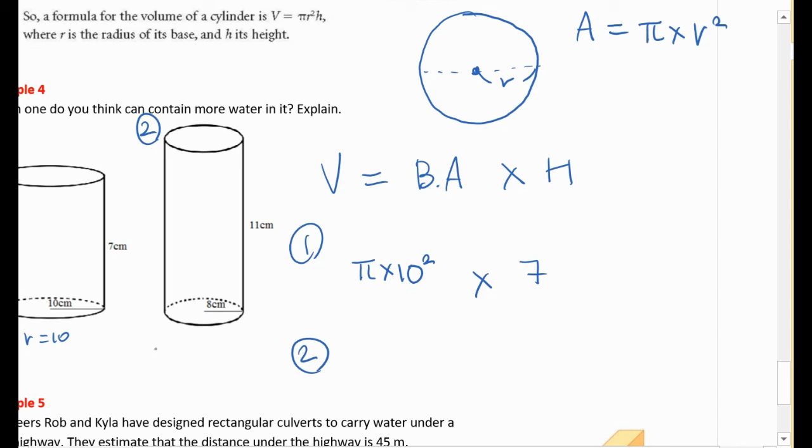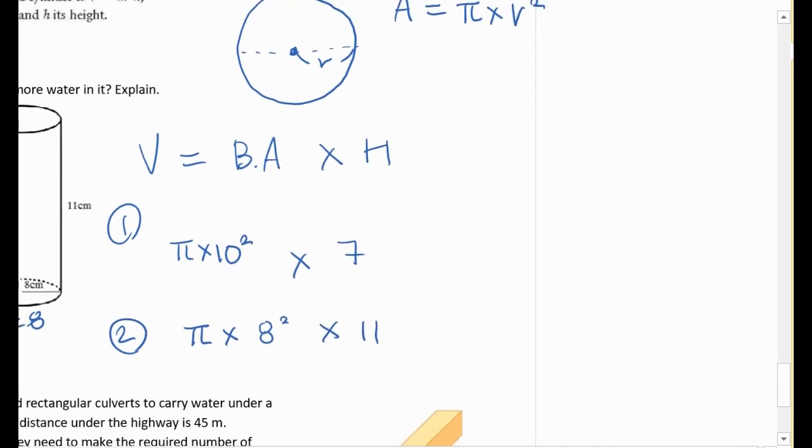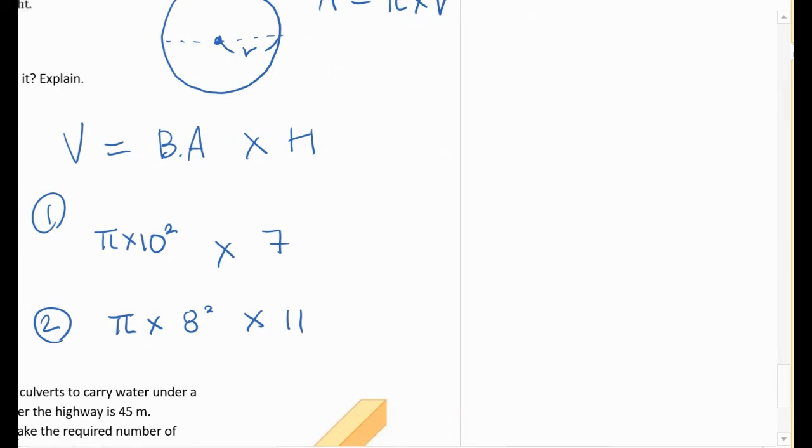Number 2, r is 8. Then pi times r squared, which is 8 squared, times 11. Okay, so this is the volume for the second cylinder. So let's put this into a calculator.